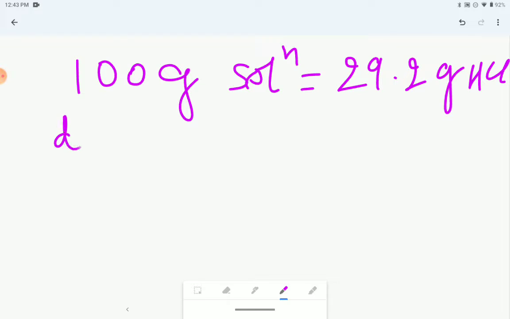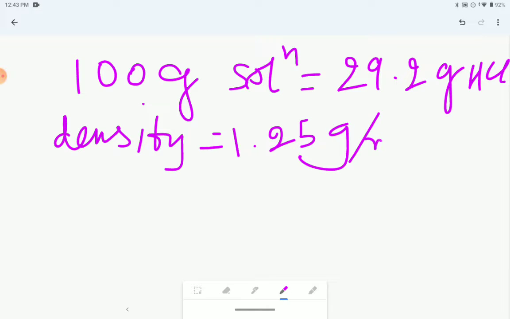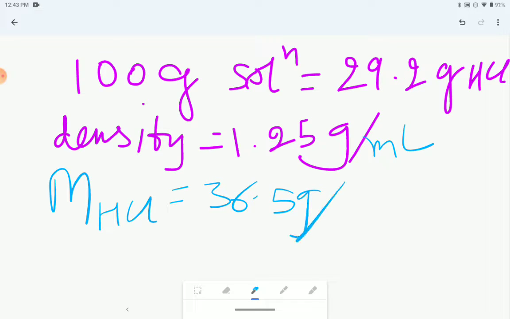Also density is given, which is 1.25 gram per milliliter. Now also molecular weight of HCl is given, which is about 36.5 gram per mole, and we are asked to find the volume of stock solution required to prepare a 200 ml solution of 0.4 molar HCl. Now, let's solve the question.